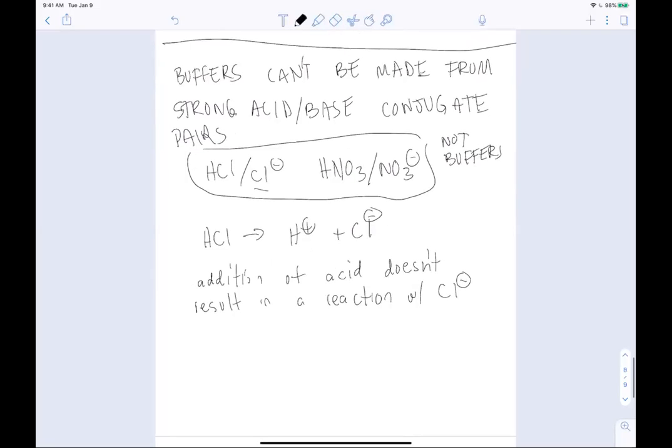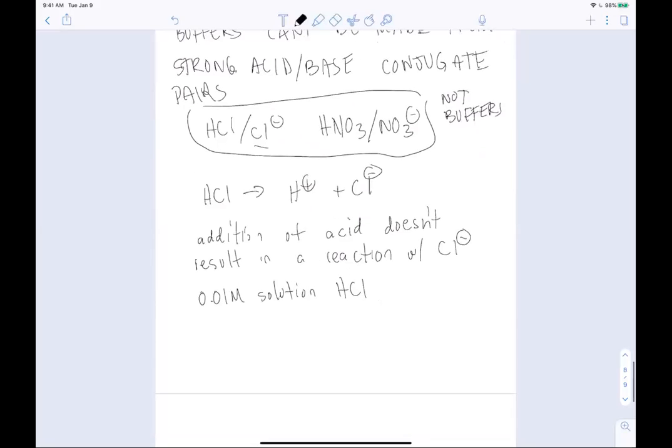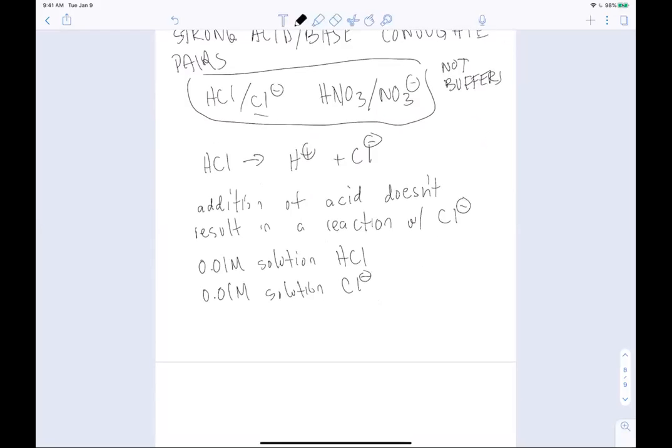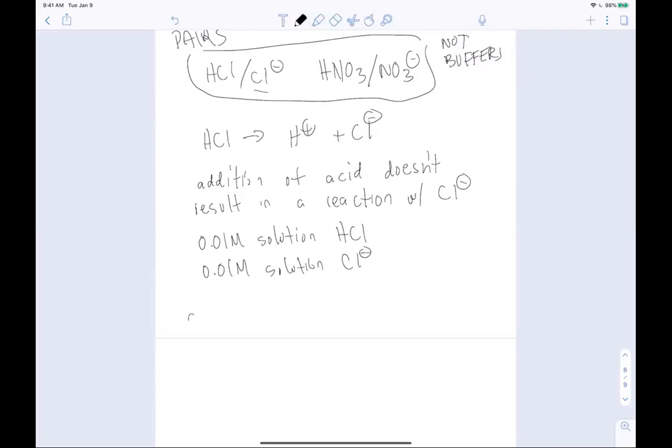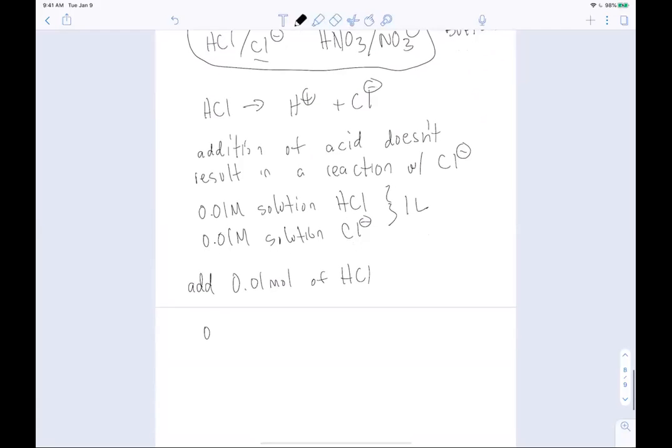So if I have a 0.01 molar solution of HCl, that's also a 0.01 molar solution of Cl minus. Let's say this is in 1 liter, and I add 0.01 moles of acid.